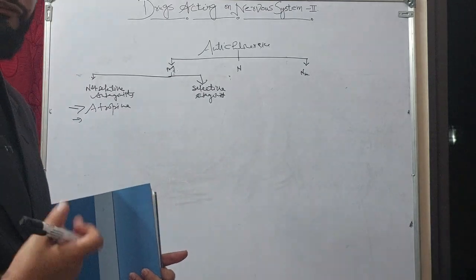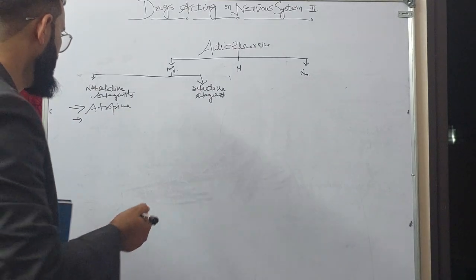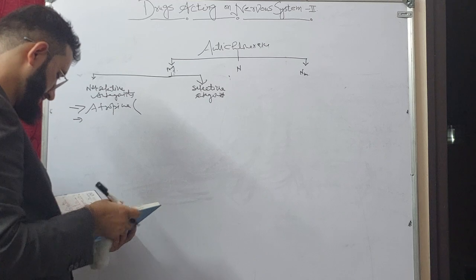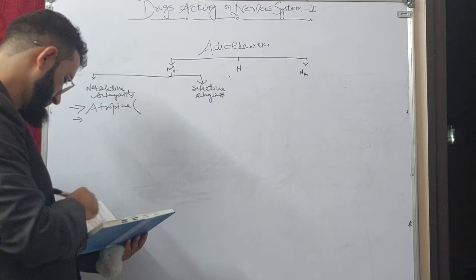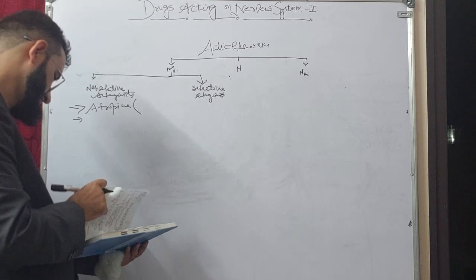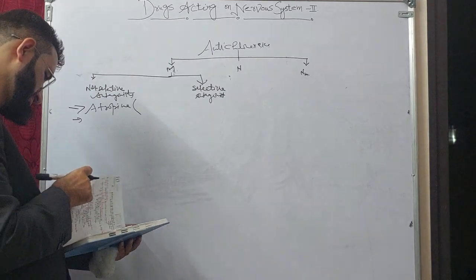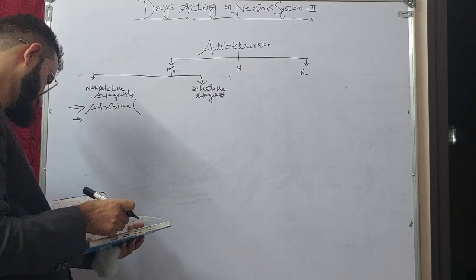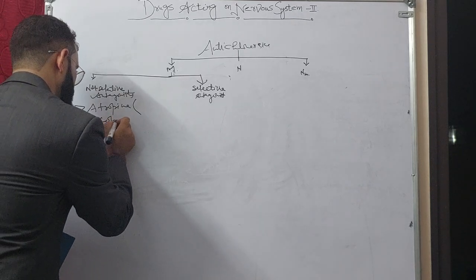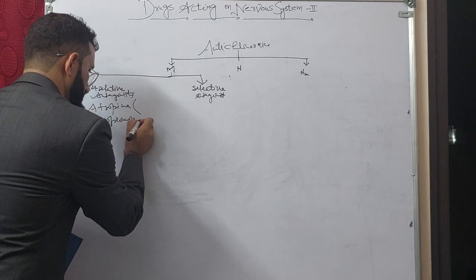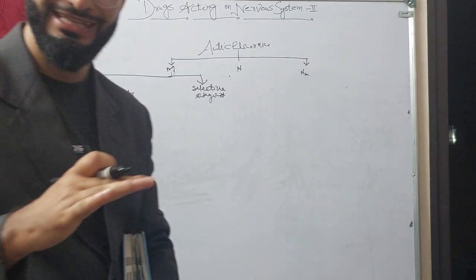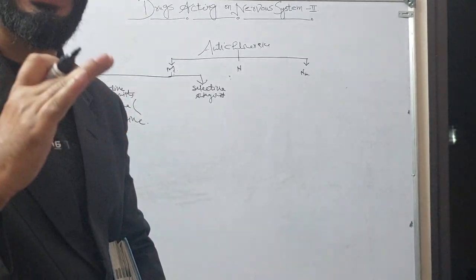This makes them different. Atropine and scopolamine are the non-selective muscarinic antagonists.